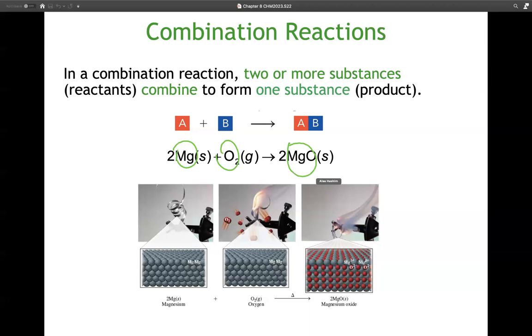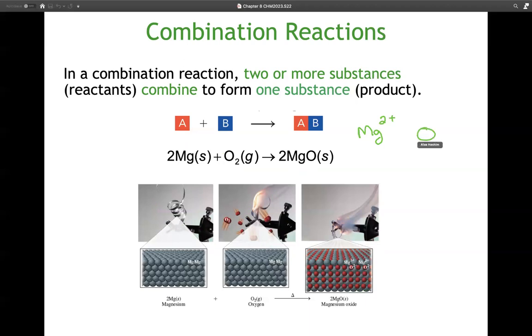And here's an example of magnesium metal. When it reacts with oxygen, it forms magnesium oxide. And notice the ionic interactions between magnesium and oxygen. Magnesium is in group 2A. It's a metal. Metals tend to form cations, and its charge is consistent with the group number, so it carries a +2 charge.